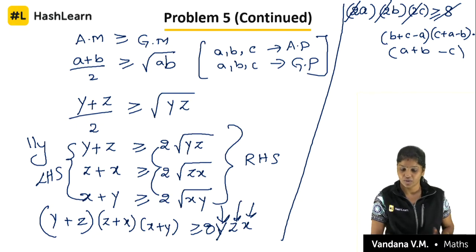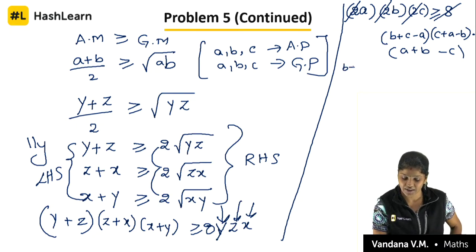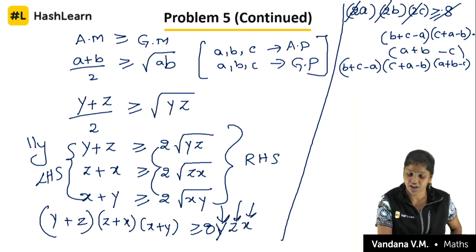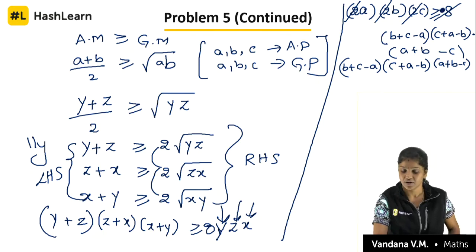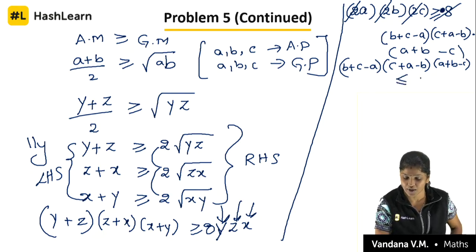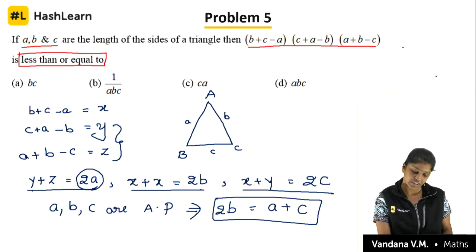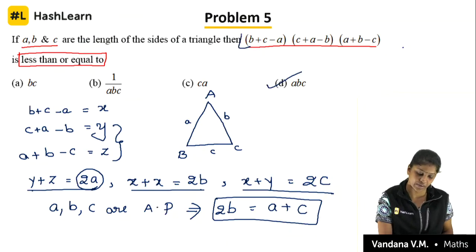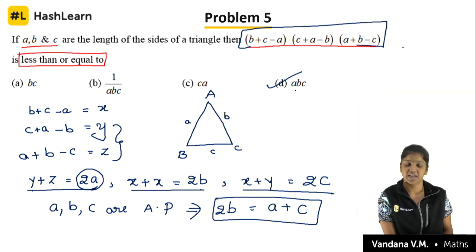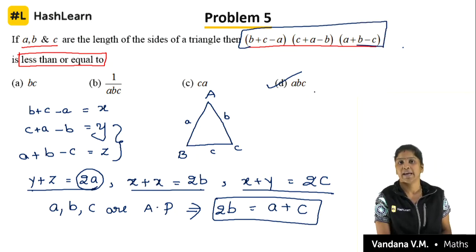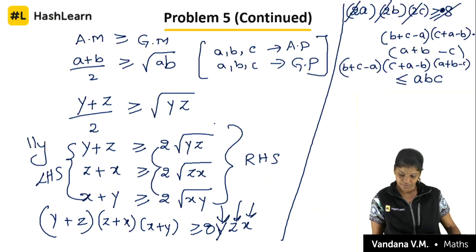Now bring it to this side: b plus c minus a into c plus a minus b into a plus b minus c. See, this shows less than, so it is less than or equal to abc. So which option is correct? Whatever the multiplied value is, it is less than or equal to abc. Clear? Yes. Next.